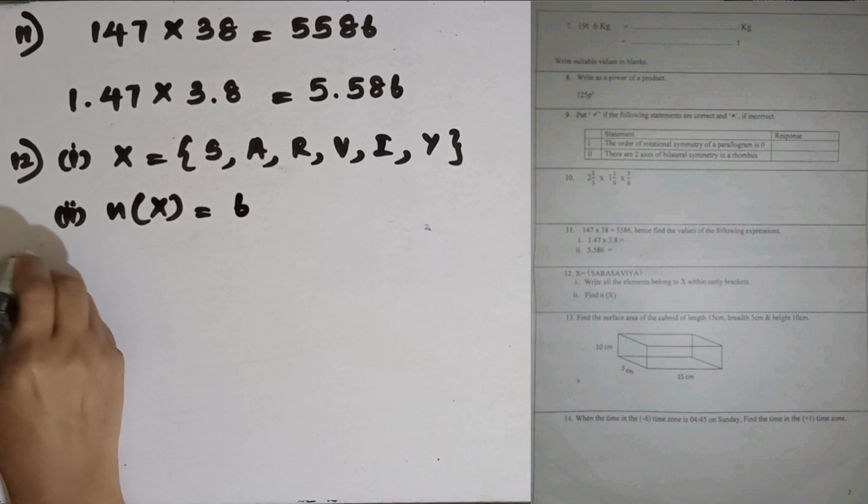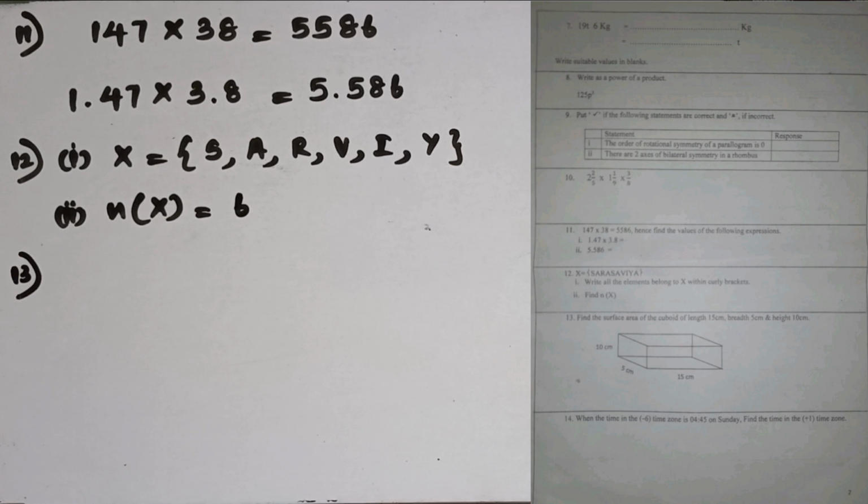Question number 13. Find the surface area of the cuboid of length 15 centimeters, breadth 5 centimeters and height 10 centimeters. In a cuboid, there are three pairs of identical sides. The upper side is equal to the lower side. So there are three pairs like this.